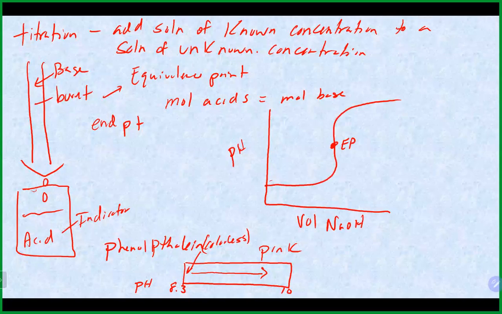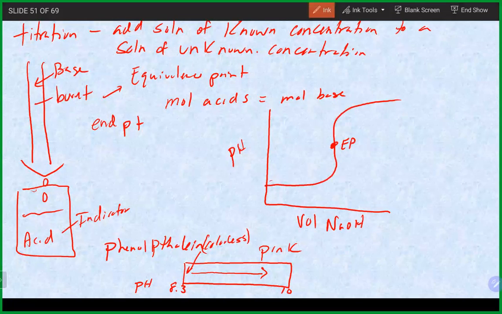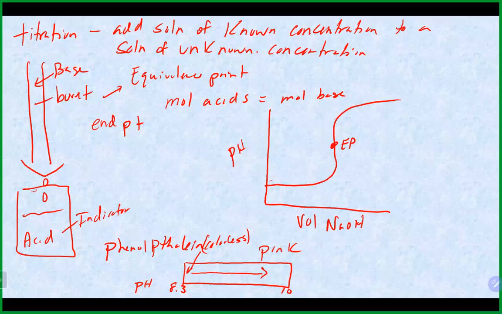So what happens is, as you're adding, say, sodium hydroxide to your acid, the pH is starting to go up. And as you approach the equivalence point, you will typically see a jump in the pH to the equivalence point, and then typically another jump in the pH past the equivalence point.